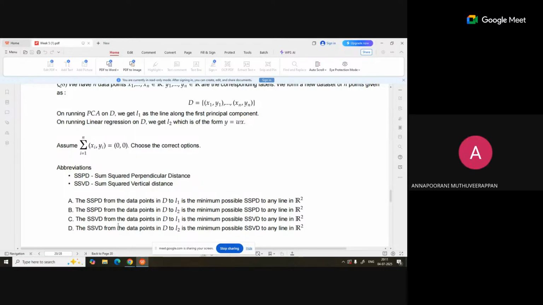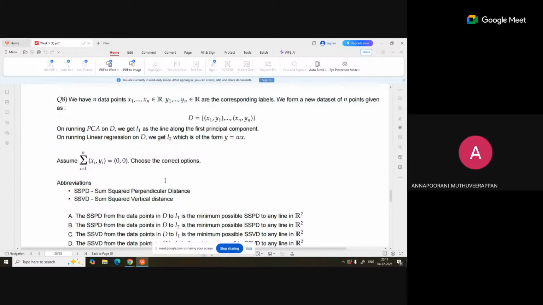What is vertical distance? Perpendicular distance? What do you understand by that? Is that the error we are talking about? I think that is not the case here.